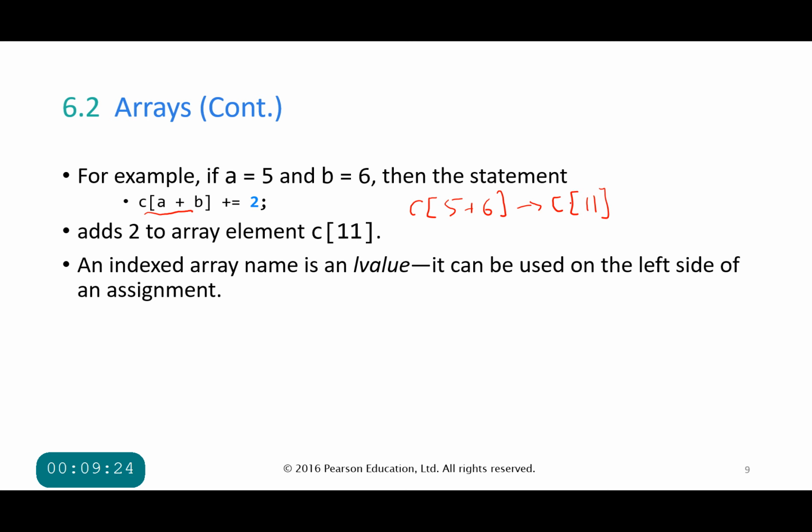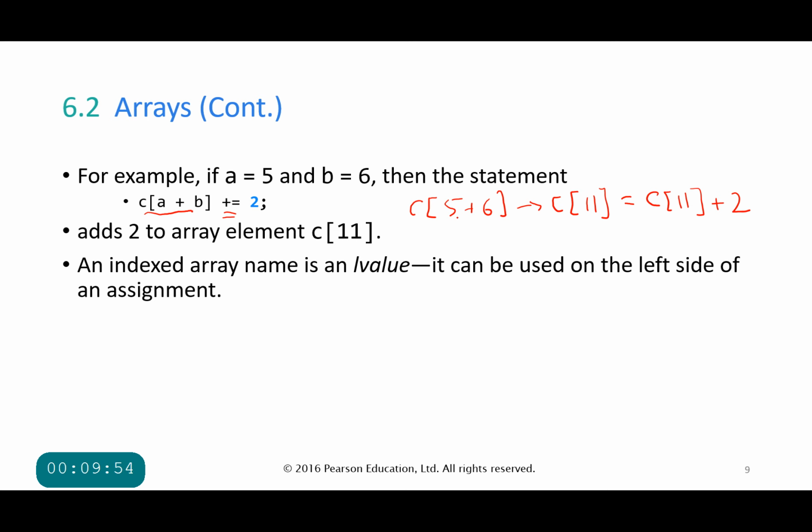So you're looking at the 11th index of the array C, and you're increasing its value by 2. The plus equal to means that you're taking what is at index 11 and adding 2 to its existing value.